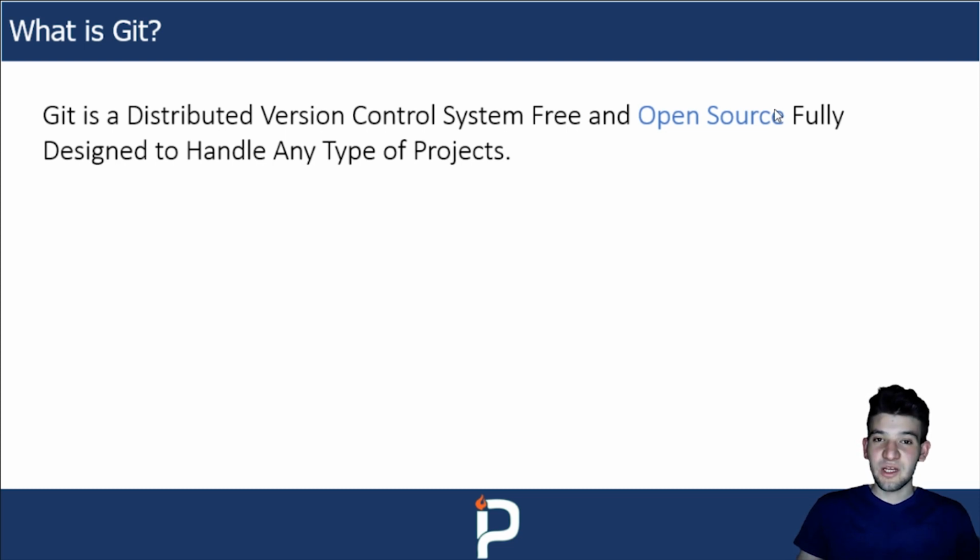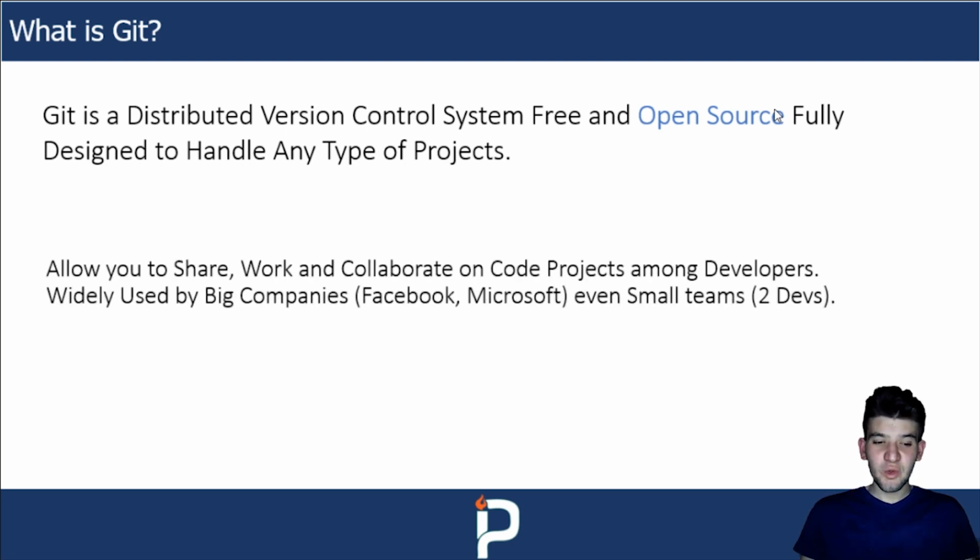It's fully designed to handle any type of project: big projects, small projects, any scale of project. Also, Git allows you to share, work and collaborate on code projects among developers. Not only code projects, but it's mostly used for code projects.